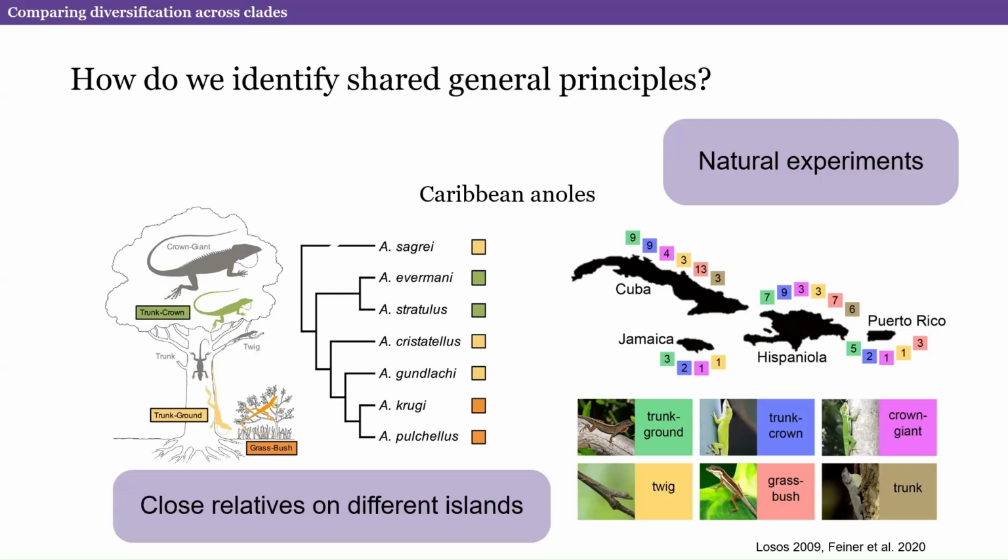And so that gets at this question of, if you have closely related species, with similar starting points, essentially, that arrive on these different islands, do they then diversify in the same way or not? So you're essentially getting a sort of replication, almost like we're replaying a little bit of that tape of life again on each of these islands.